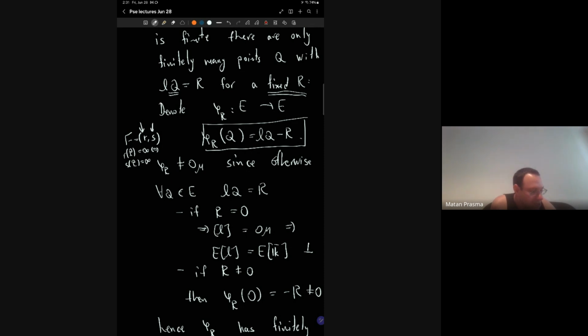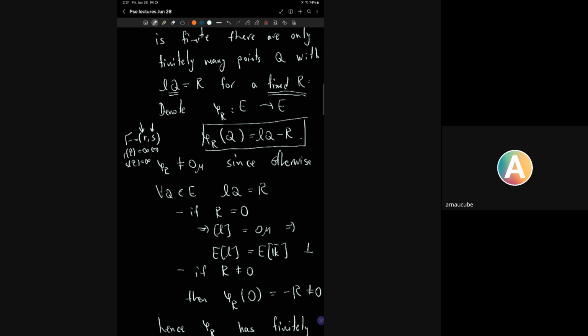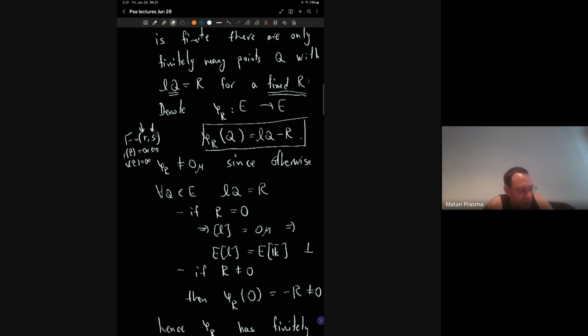So each of these functions, R and S, can only have finitely many poles anyway. So F can have at most finitely many poles. Okay?